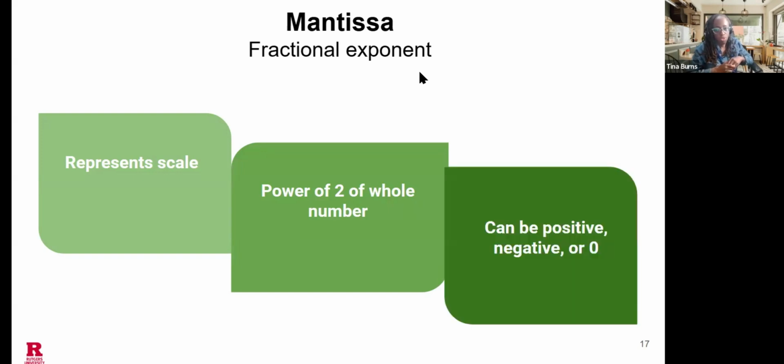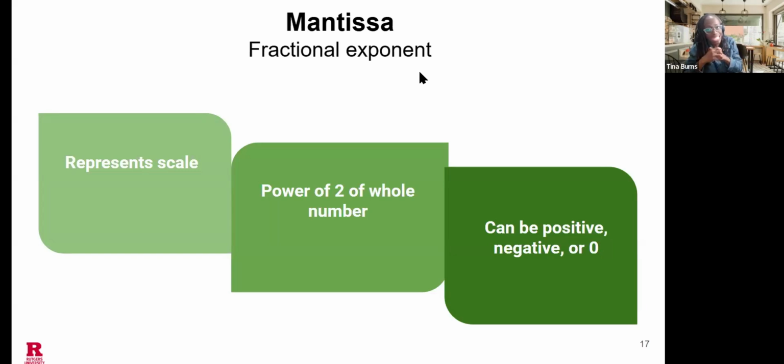Now, this particular one, your fractional value can be negative or it can be 0. Why can it be negative? Because depending on the number, it could be that I had to move this decimal place back a few spaces, right? So it could be a very small number or a large number.